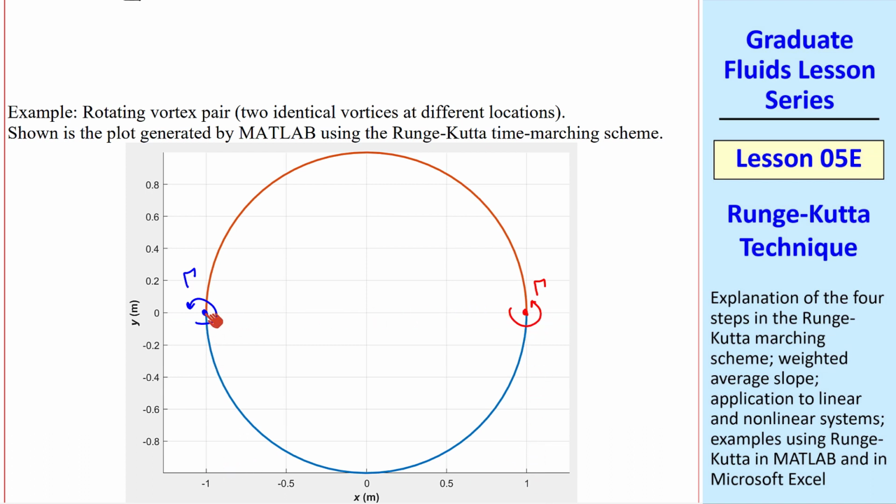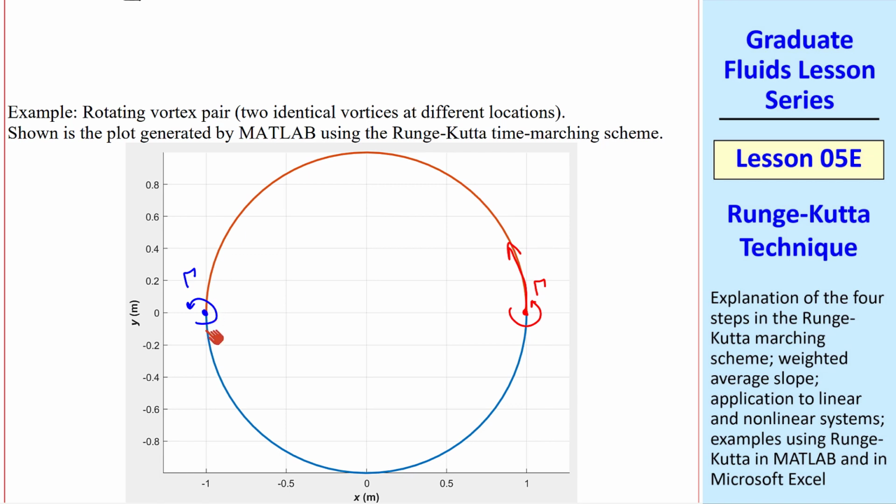By mutual interaction, this vortex causes this vortex to move in a circular trajectory, and Runge-Kutta accurately predicts this trajectory all the way to the other side. I set my time span, knowing this speed and covering this half circle to stop exactly at this vortex.